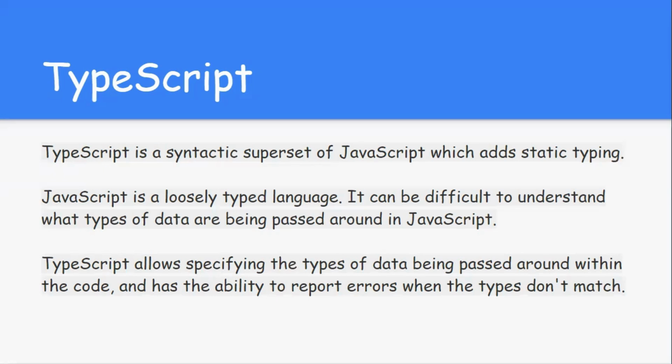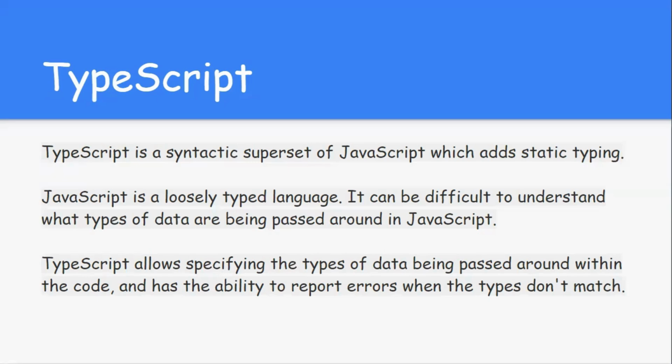So why is that? JavaScript, as well as Python, is a loosely typed language. It can be difficult to understand what type of data has been passed around in JavaScript. So in order to make it more structured, so that we can avoid errors during our programming, we introduced TypeScript.